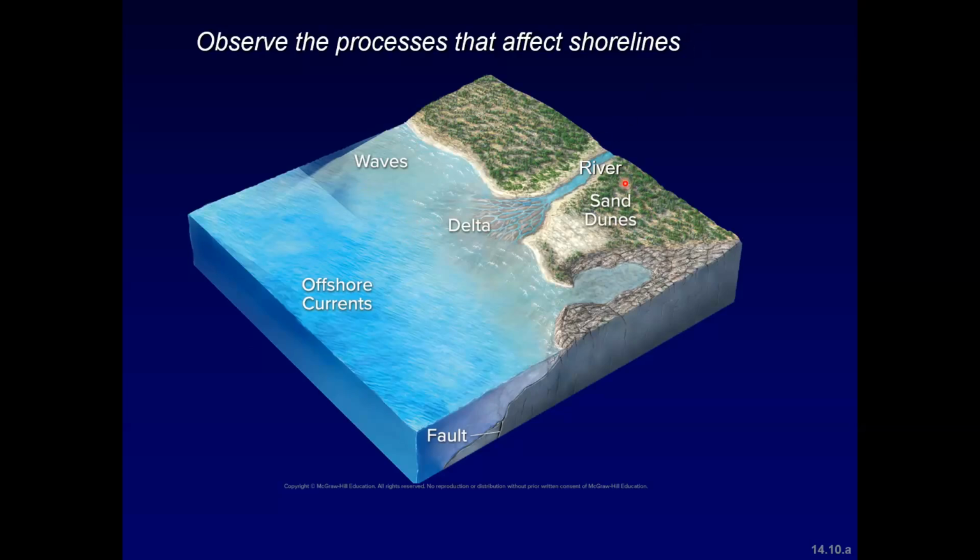You can have a river delivering sediment to the shoreline, and then coarser materials are deposited closer to the shoreline as a delta, like the Saginaw River Delta. Fine sediment is going to be carried further out because it takes less energy to transport that. And wind moves sand and finer sediments inward to coastal dunes.